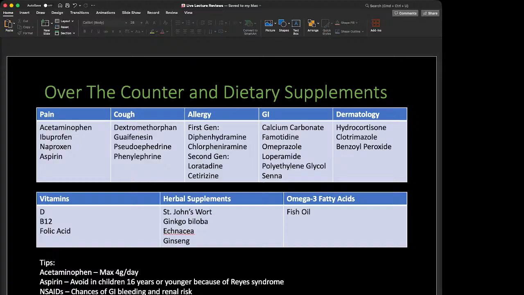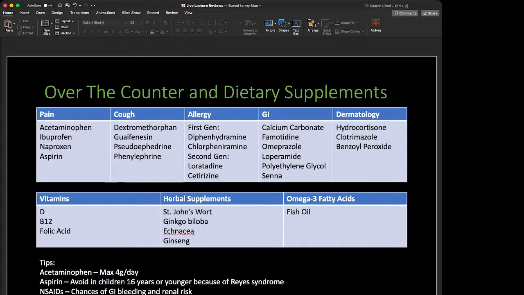And then this slide represents the number of different types of over-the-counter medications and dietary supplements. Patients might ask you what the best OTC medications are, or where to find them. A few tips at the bottom: when it comes to Tylenol, brand or generic, a maximum of 4 grams per day is usually recommended.